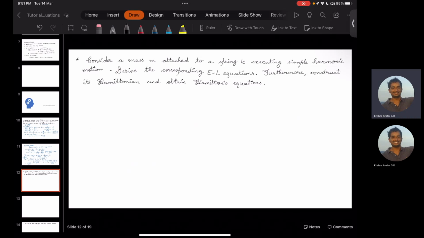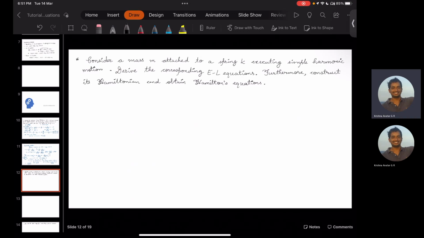And we are required to derive the corresponding Euler-Lagrange equations. And then furthermore, we have to construct its Hamiltonian and obtain the Hamilton's equations, right?